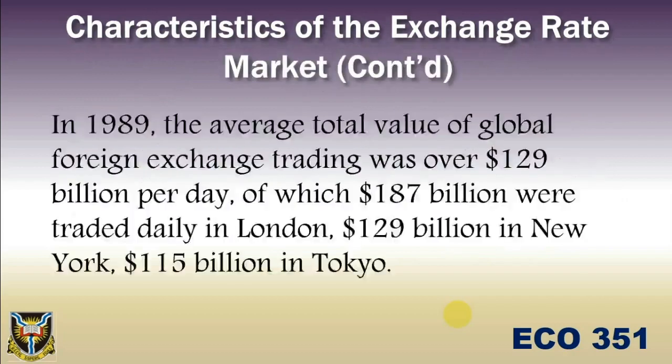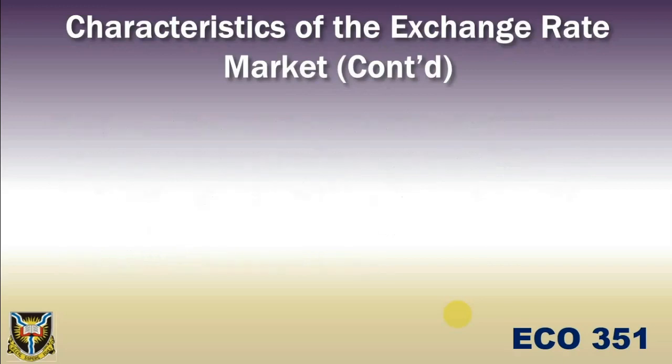In 1989, the average total value of global foreign exchange trading was over $129 billion per day, of which 187 billion were traded daily in London, 129 billion in New York, and $115 billion in Tokyo.